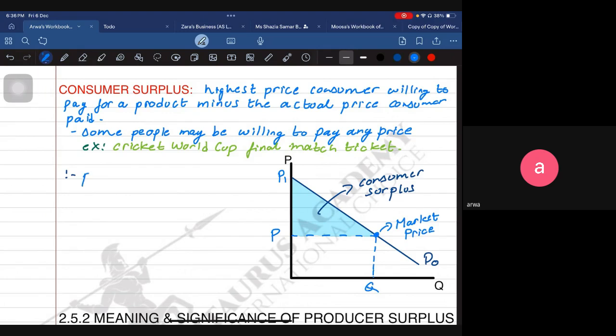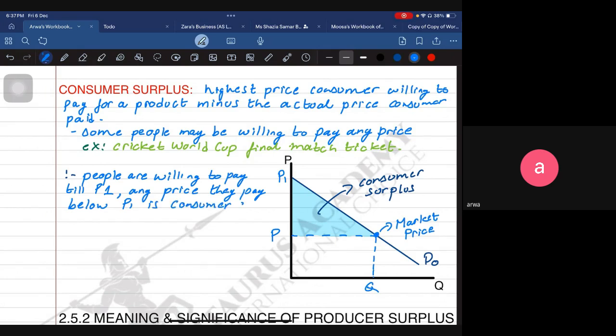People are willing to pay till P1, but they have to pay only P. Any price they pay below P1 is consumer surplus, but till the actual price, because you can't go below that.